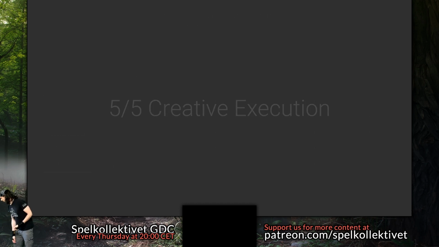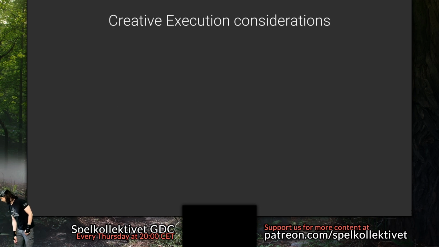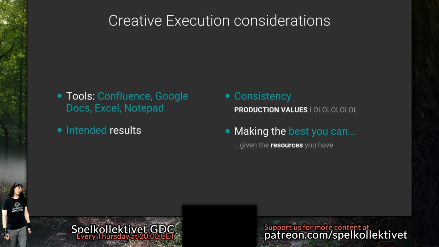Now, the final exercise. Creative execution, or rather the final topic. Creative execution is a lot about putting the vision of a game into actual practice. It takes a lot of all the 4 previous topics to actually arrive here.